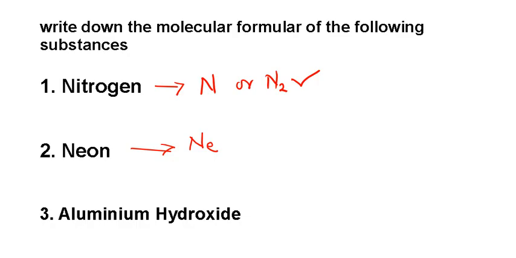So when you are looking at the molecular formulas of elements, the trick is to make use of their atomicity. When you are trying to get the molecular formula for elements, use the atomicity.